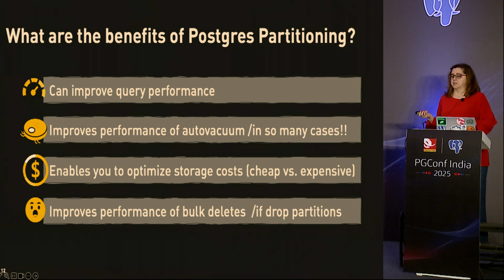And then when it comes to bulk deletes, you can avoid having to scan an entire big table in order to delete data, and then you can just drop that particular partition. So it's a lot faster there as well. So these are some of the main benefits that people talk about with partitioning.